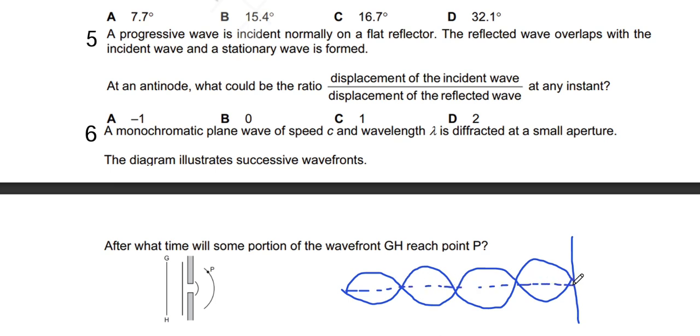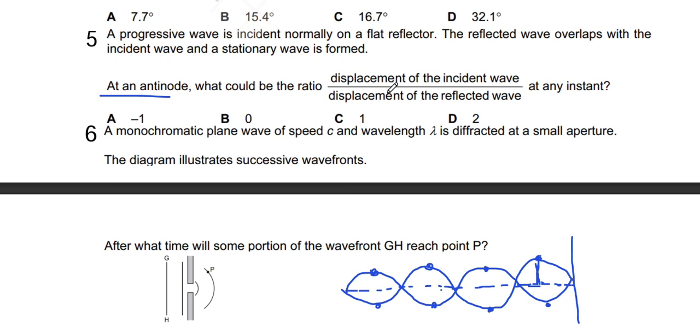Now at any instant at an antinode, like this is the antinode, what would be the ratio of the displacement? Displacement means from the principal axis to the point, vertically. This is the displacement, so basically this is the amplitude.